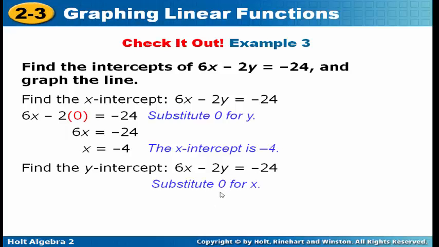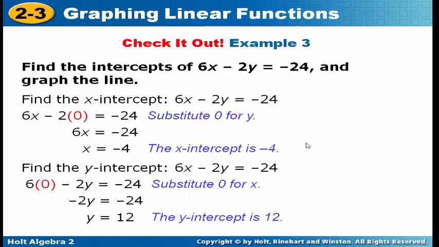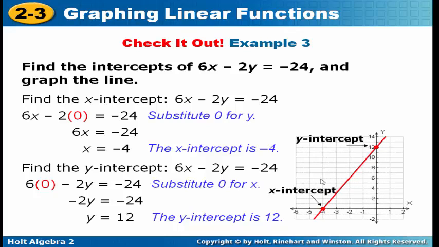Put x equals 0, so negative 2y equals negative 24 and y equals 12. So the y-intercept is (0, 12). Now plot the 2 points, (-4, 0) and (0, 12), and now we have the graph of this function.